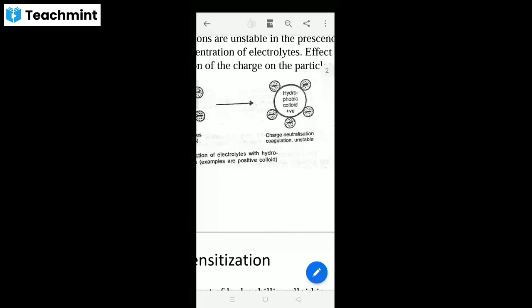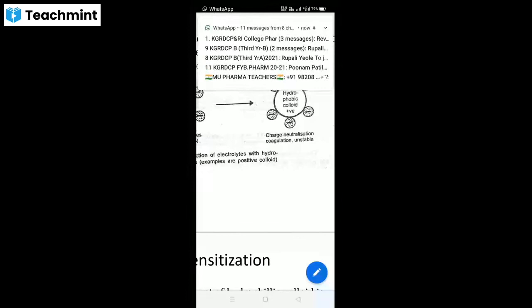Earlier, the charge on the lyophobic particle helped every particle to produce repulsion. And due to the repulsion only, every particle found it suitable to remain dispersed, not to get coagulated with one another.